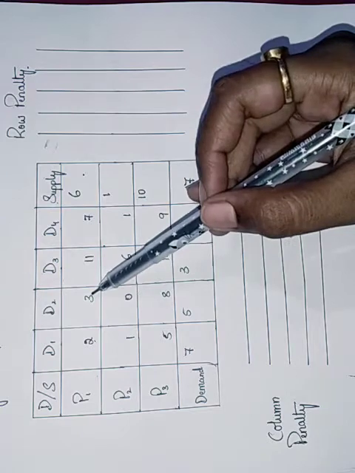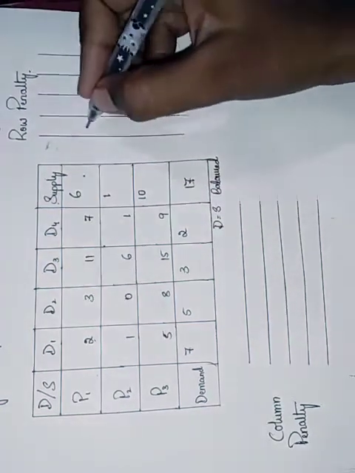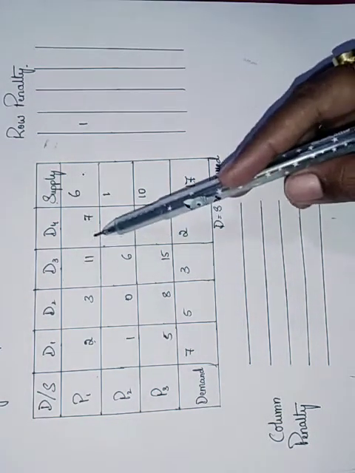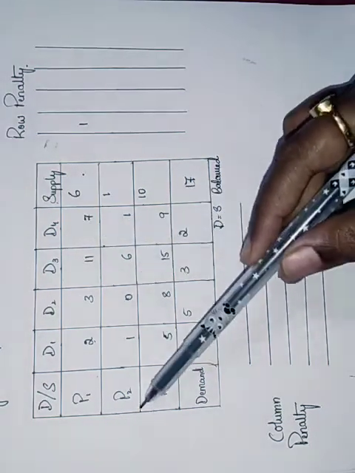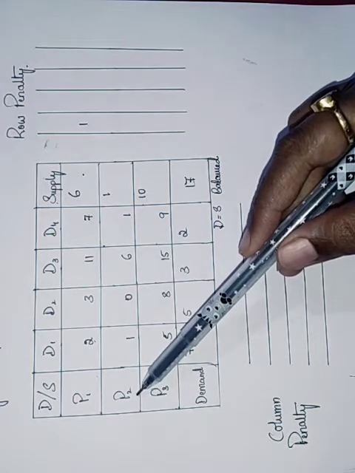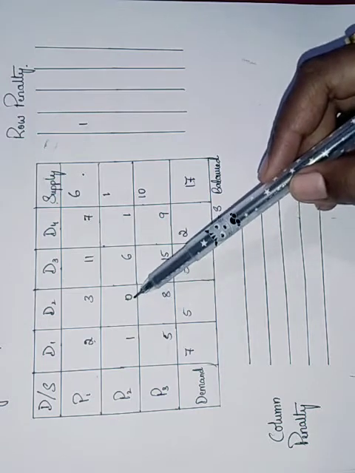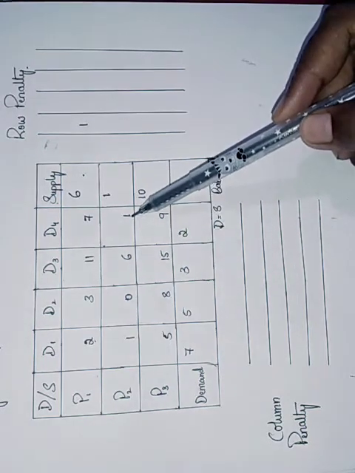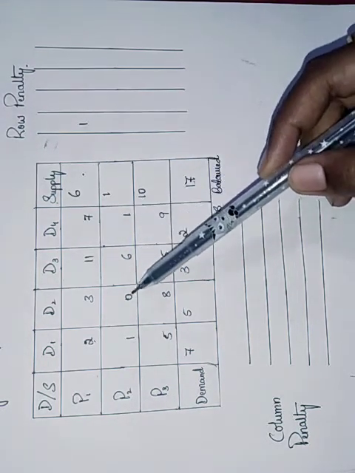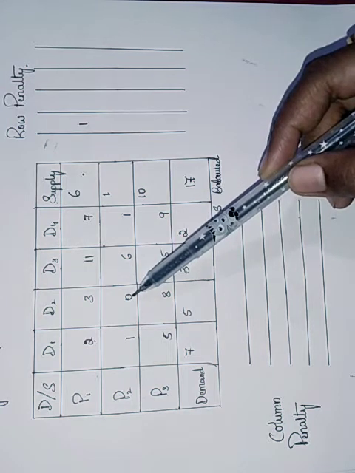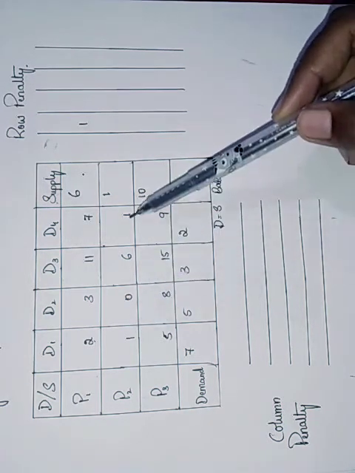Now what is the difference between 2 and 3? It is 1. This is how we identify the penalty. Coming to the next row, P2, comparing 1, 0, 6, 1, the least among the given costs is 0, and the next least is 1.